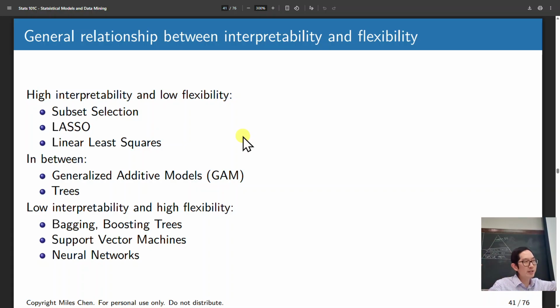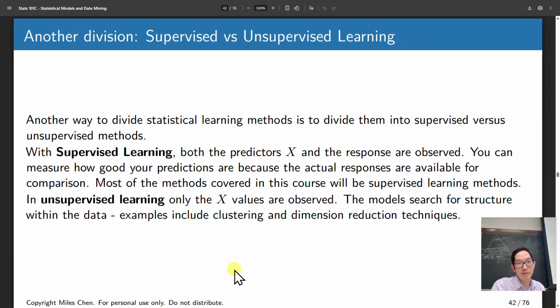So you have this spectrum of things. For our final projects, the goal is going to be predictions, and so you'll probably find your best performing models to be the ones that are highly flexible, even if you can't really interpret them.